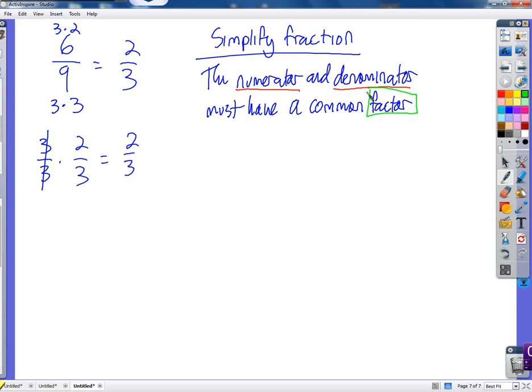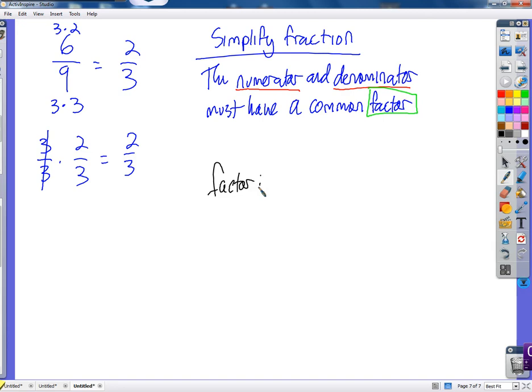So let's talk about a factor. What is a factor? What does it mean to call something a factor of something else? We've already kind of talked about it. Well, let's see now. We're going back to these intuitive ideas.